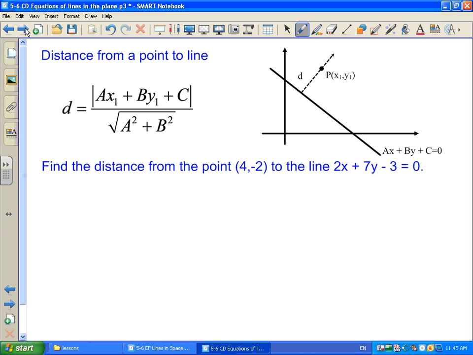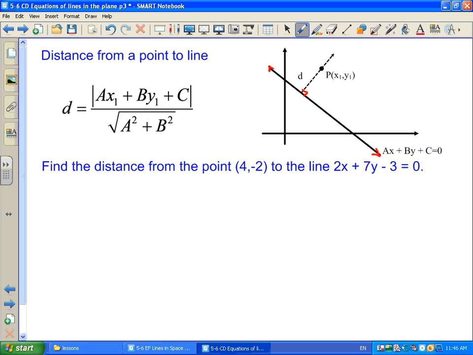Imagine you've got a line with this Cartesian equation, ax plus by plus c equals 0. And you're given some point, p, with coordinates x1 and y1. When they want the distance from the point to the line, they want this distance along the line that is perpendicular to ax plus by plus c.